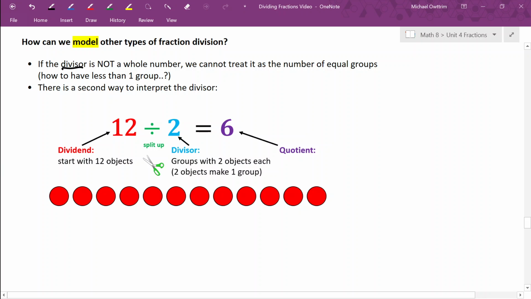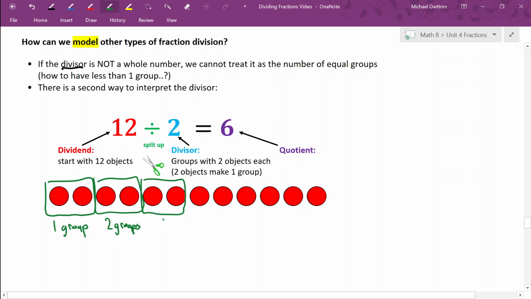So if we go back to our 12 divided by 2 equals 6, the other way of thinking of that is that the 2 tells us that we're going to make groups with 2 objects in each group. Basically, every pair of objects will make up one group. So if we do that, we could say, here's a pair of objects, that's one group. Here's another pair of objects, that's 2 groups.